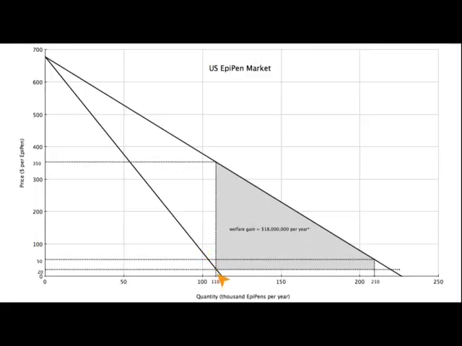That happens at 110 thousand EpiPens a year. Keeping track of that thousands is especially important when we go to look at the deadweight loss of the monopoly outcome. That's at least the portion of the deadweight loss that's eliminated by the price ceiling. Then we take that 110, plug it into the demand curve to get a $350 per dose price.